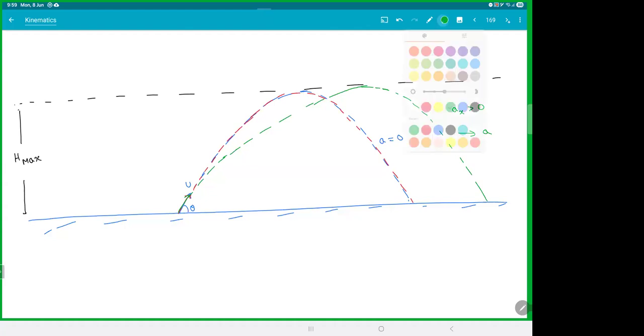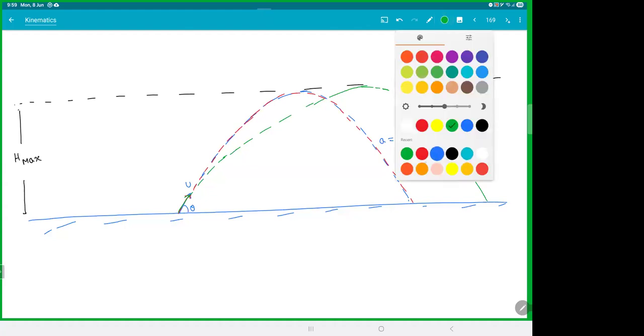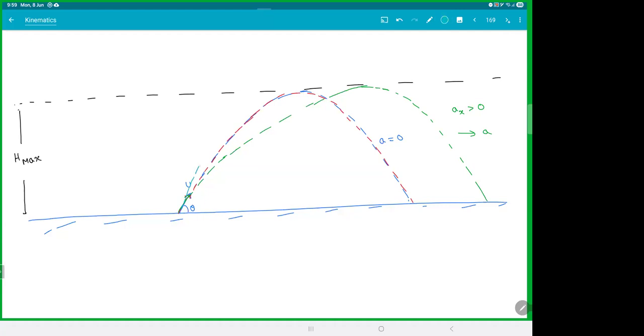Right? Now, if you start putting it backward, let's say your A is negative. You will start going like this, and then you'll come back like this. This is the case when the wind is blowing backward and A is negative.